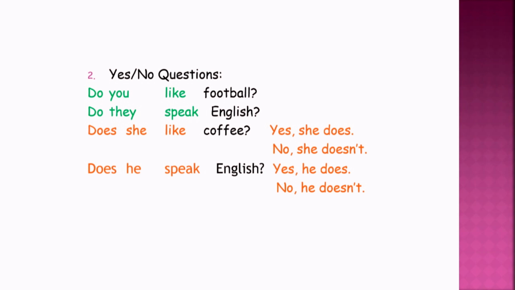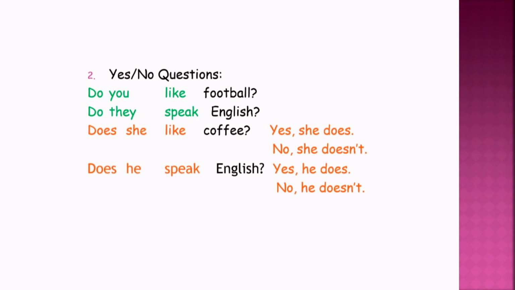And we have the second type of questions, which is the yes/no question. The first type is called a WH question or short answer question. For example, when I say, where do you live? I expect you to answer me with a short answer, okay?